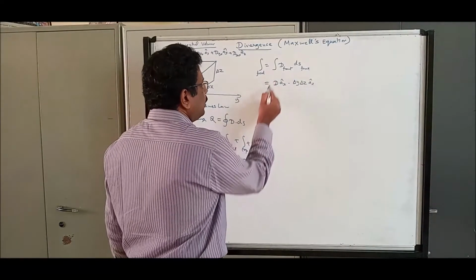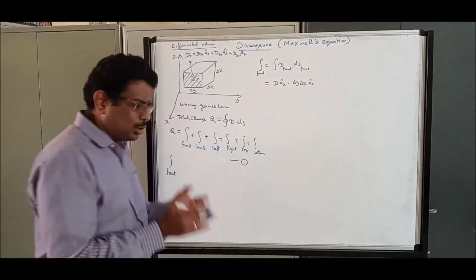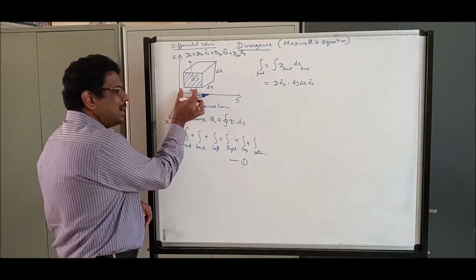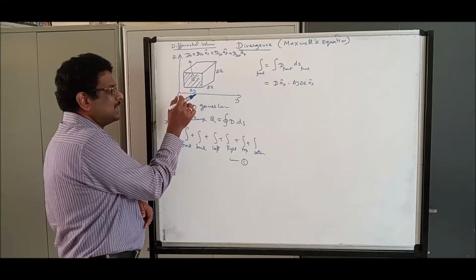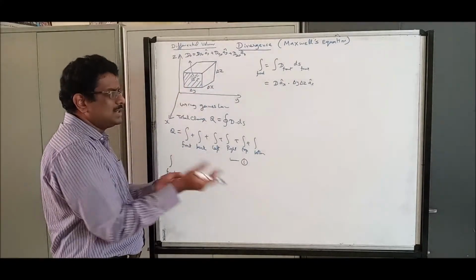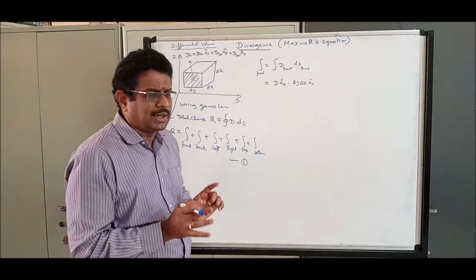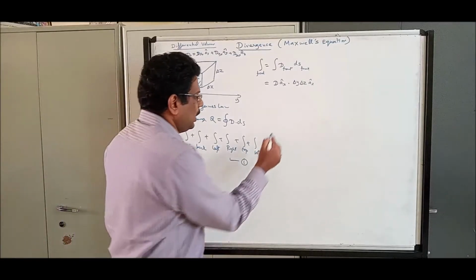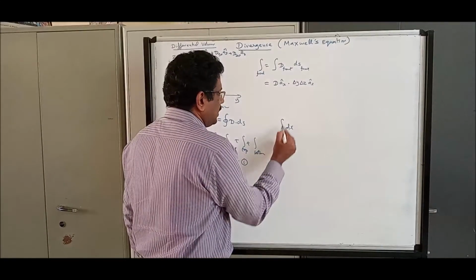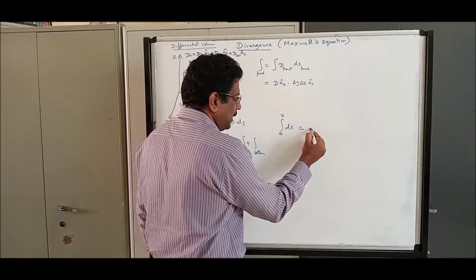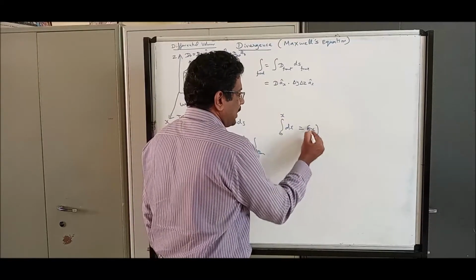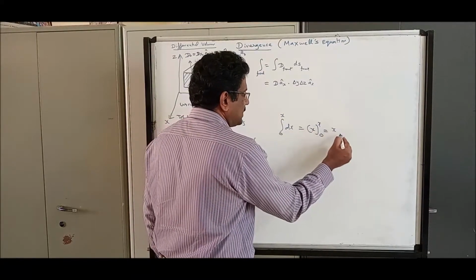Now, I am not going to do integration because the total integration itself is for a smaller length. If you do integration 0 to delta y, if you substitute, result will be delta y. So no need to do integration, result will be the same. For example, if you do integration dx for 0 to x, the integration of dx will be x, upper limit x, lower limit 0, minus, answer will be x.